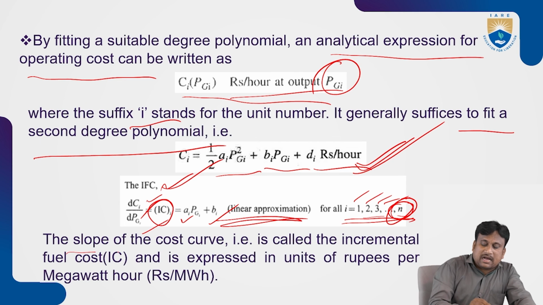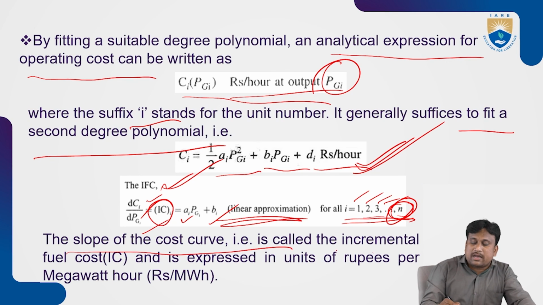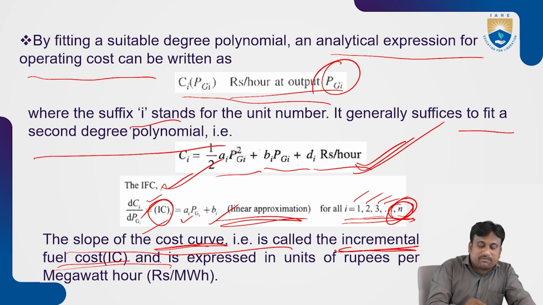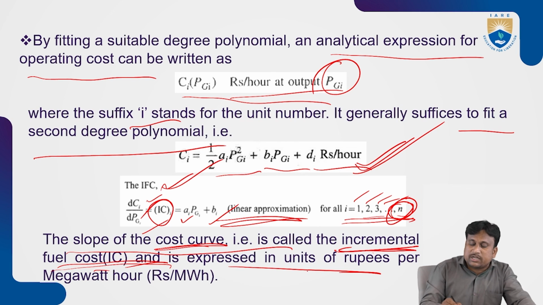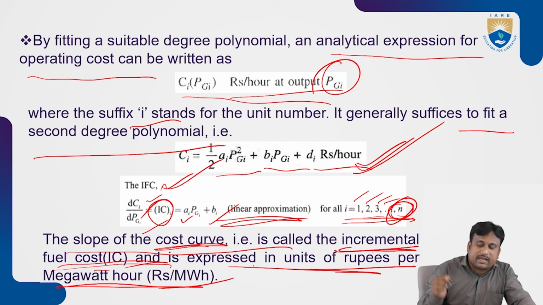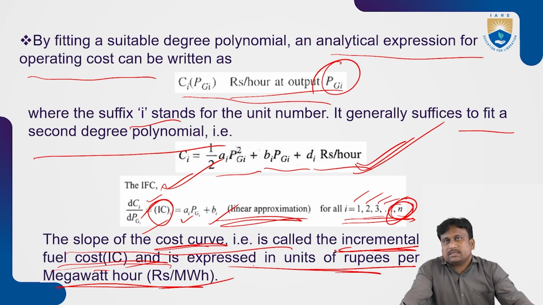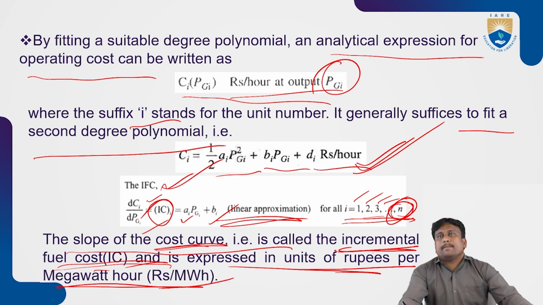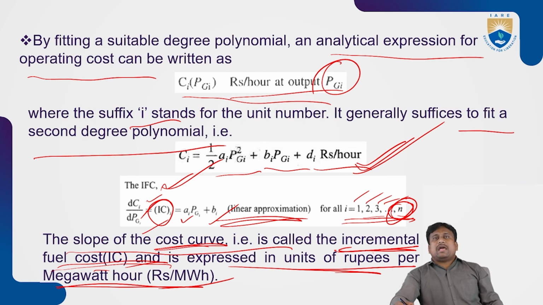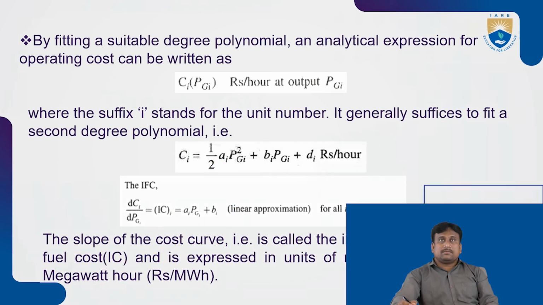The slope of the cost curve is called the incremental fuel cost and is expressed in units of rupees per megawatt hour. Likewise, we will express these incremental fuel costs. These cost curves define the economic operation of the power system network.